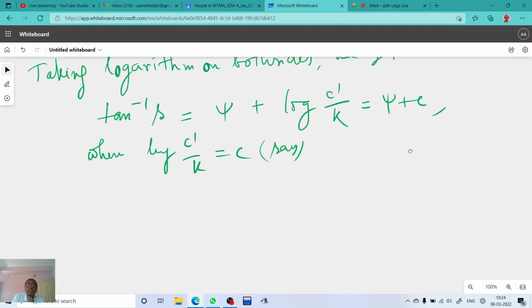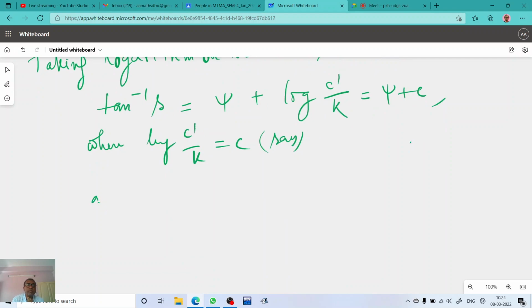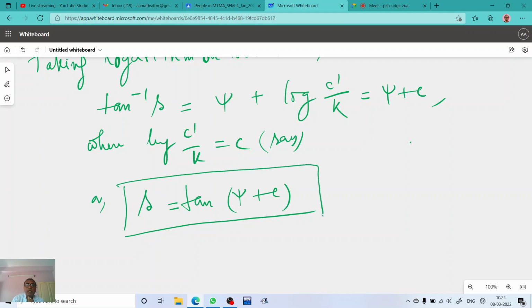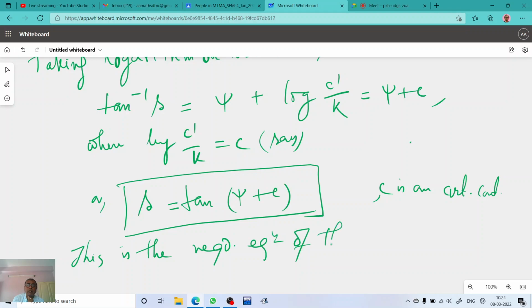So from this equation, s equals tan of psi plus c, where c is an arbitrary constant. This is the path equation, and this is the required equation of the path. This is the answer.